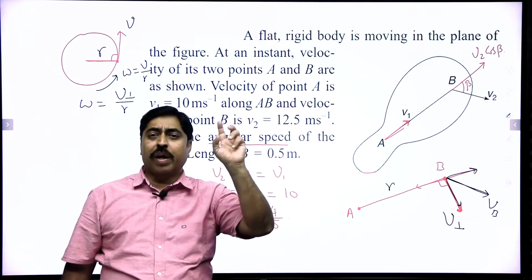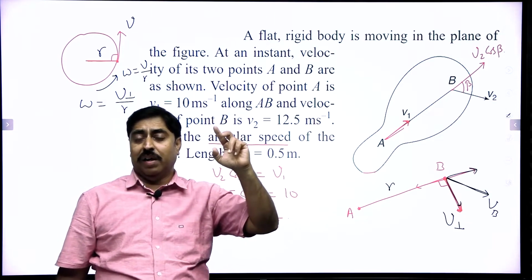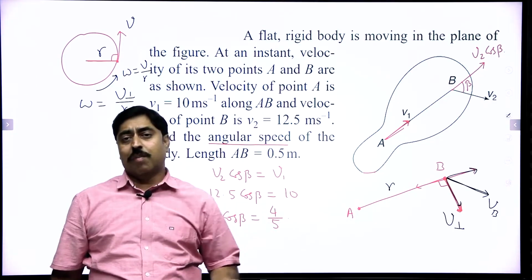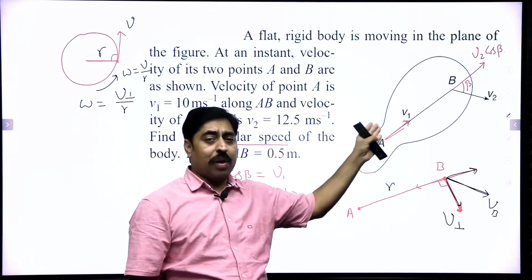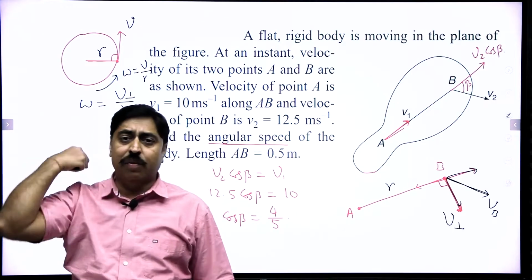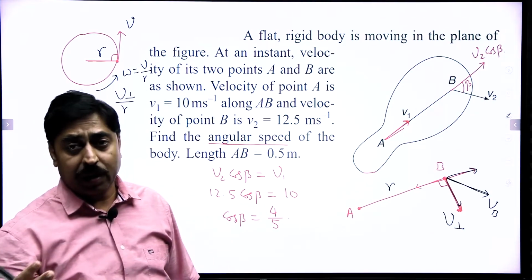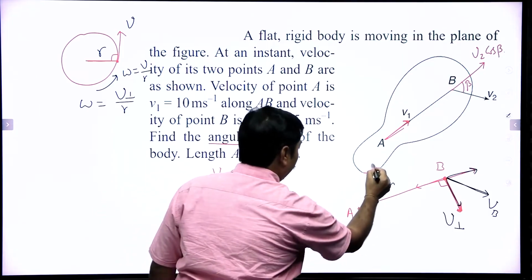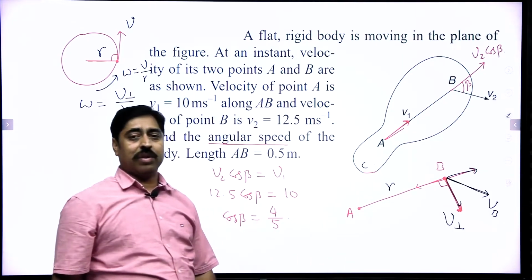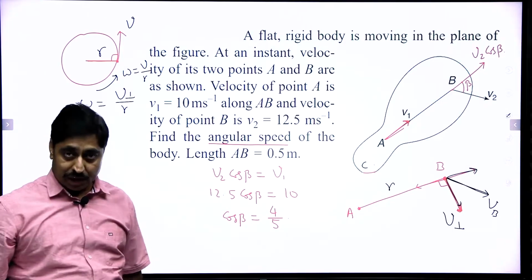You can take any pair of points x and y, and the angular velocity will always come out to be the same. So whether you calculate the angular velocity of B with respect to A, or of A with respect to B, it will give you the same answer. Or whether you calculate the angular velocity of C with respect to A, all are going to be the same.